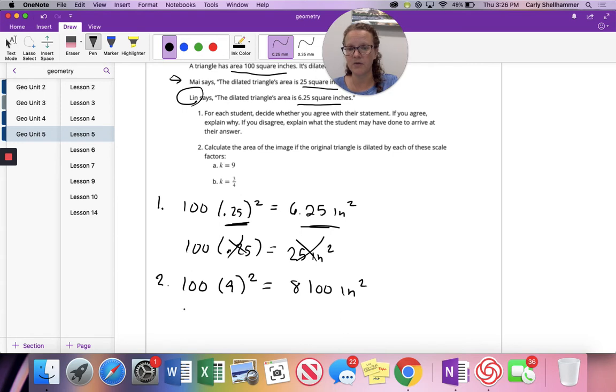How about 3/4? Again, our scale factor always has to be squared. Easy peasy, okay?